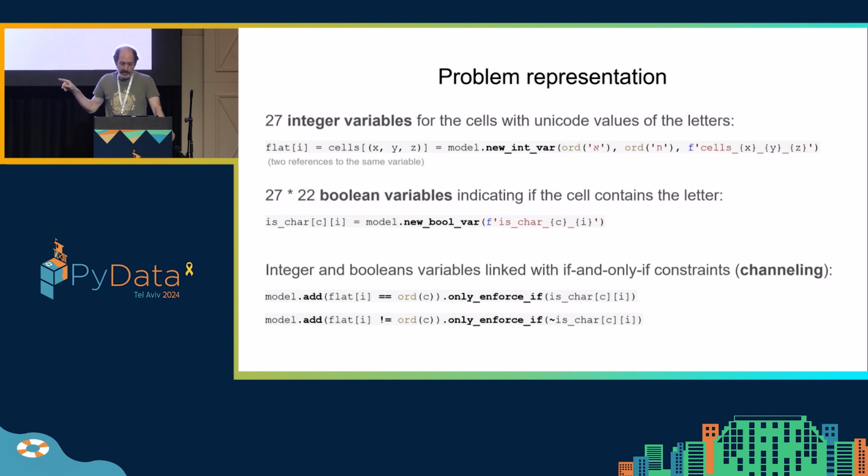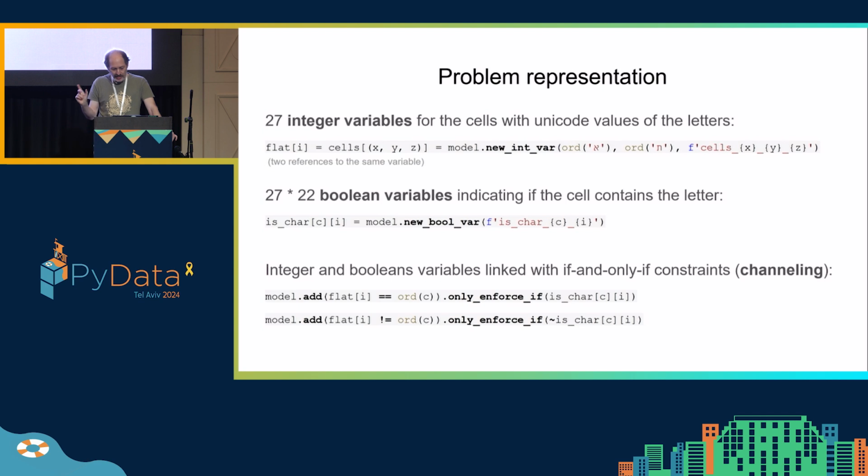Now these represent the same thing. We need to tie them together with if and only if constraints. This is our first constraint we're seeing here. This is called channeling. So I'm adding a constraint that if the variable in my flat list has the value of a specific letter, this happens only if, so it's implied by the Boolean, if the Boolean contains that letter in that specific location, and vice versa.